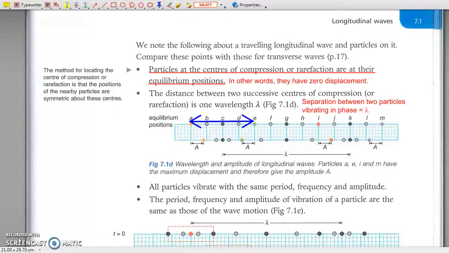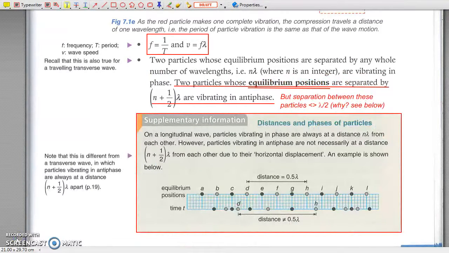Note that these particles are not separated by half a wavelength between them, but only their equilibrium positions are separated by half a wavelength. You may refer to the supplementary information at the bottom of the page for details.